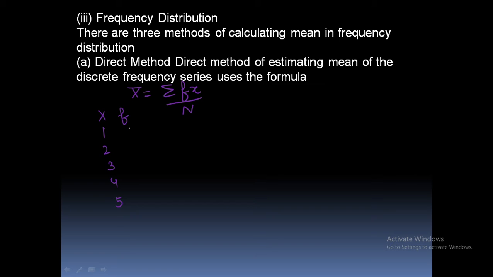F is equal to 2, 3, 4, 2, 3, 5, 4, 9, 9, 3, 12, 12 plus 3, 15. This is your sigma f. And here in direct method, we are using fx. Small x is used here, or instead of x you can use small m.